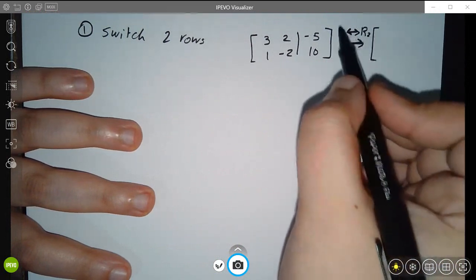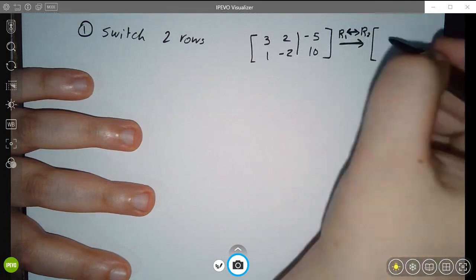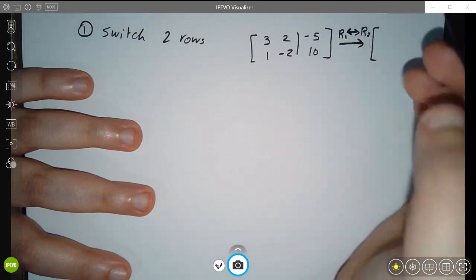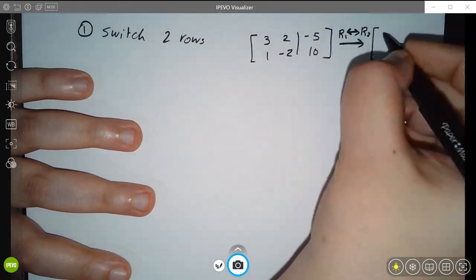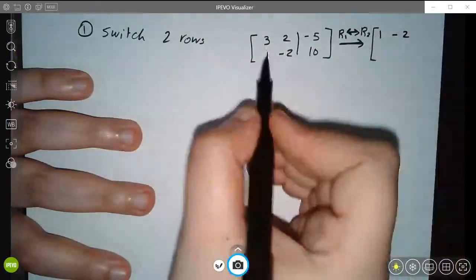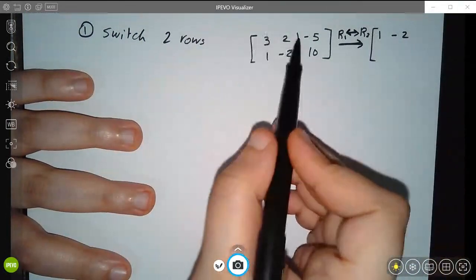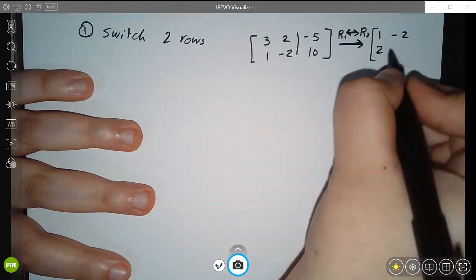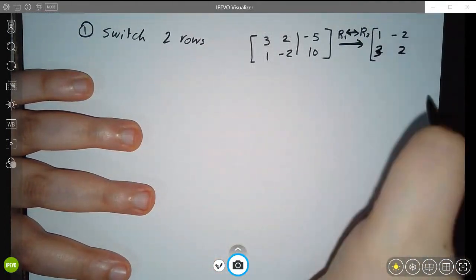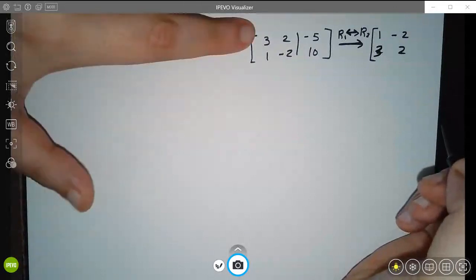Does that make sense? So this means that you're going to switch them. If I see you write this, then I know you switched them. So now you have 1 and -2, which was the second row in the first row space. And what was the first row is going to turn into the second row. Oops, 3 and 2. See that?